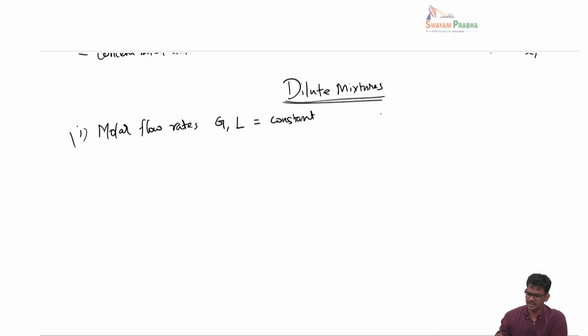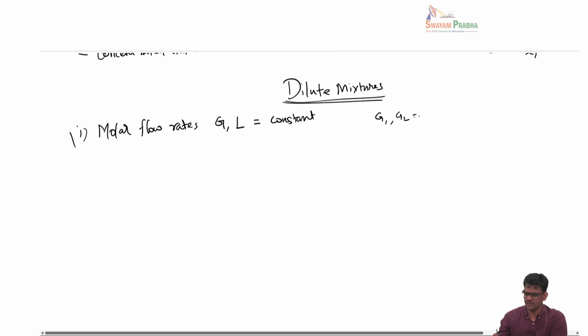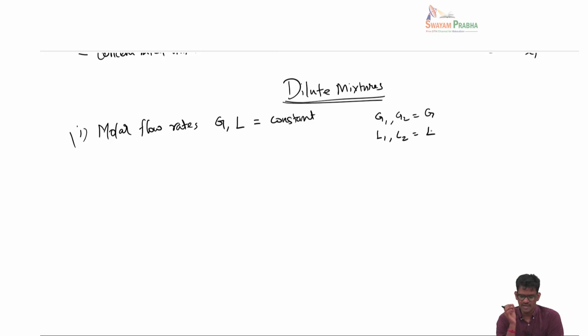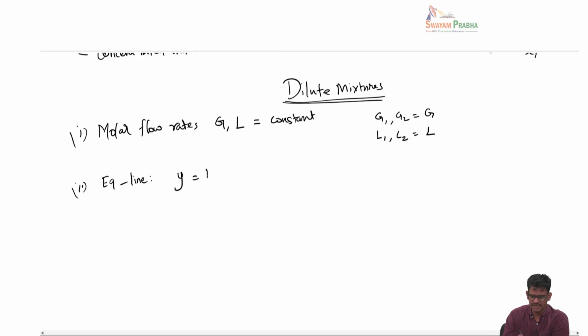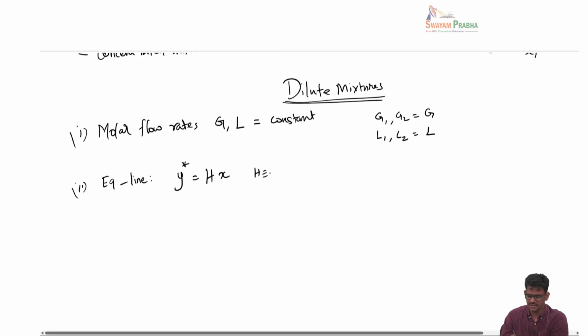So you don't have to have G1 and G2, you can actually treat them all as G. Similarly, you don't have to deal with L1 or L2, you can call all of them just L. So this is one advantage, or one manifestation, of this dilute mixture assumption. The second is to deal with the equilibrium line. The equilibrium line can be conveniently expressed using Henry's law, where H is the Henry's constant.